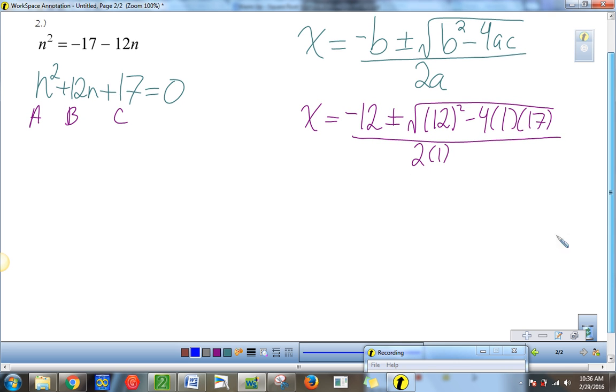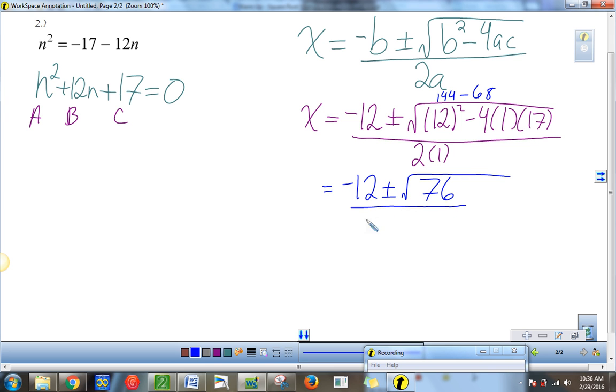So what can we do here? 12 squared is 144 minus 4 times 17, 68. All right, what's 144 minus 68? 76. 76 over 2.